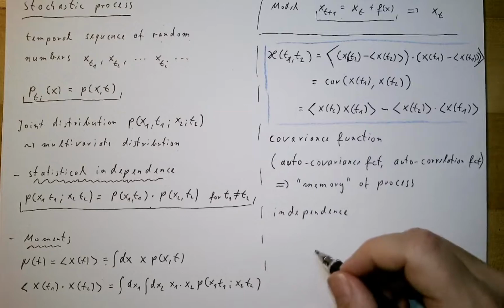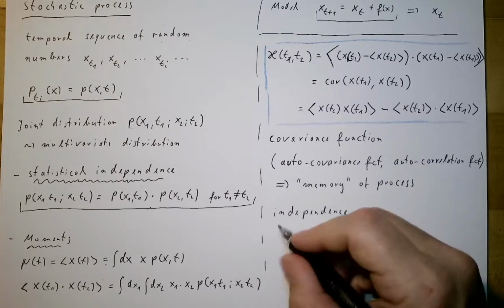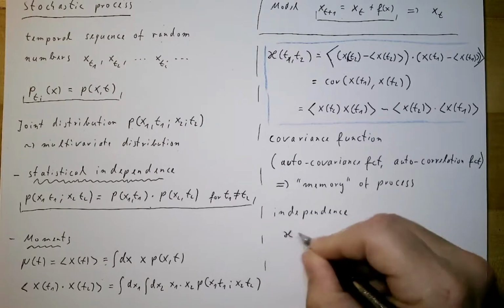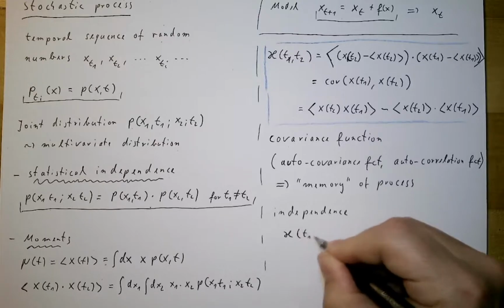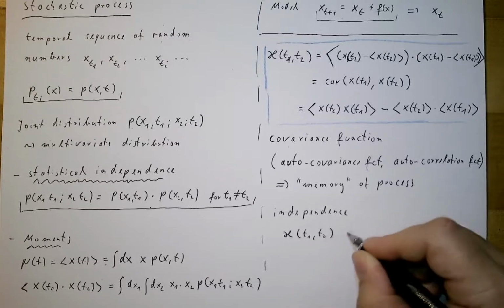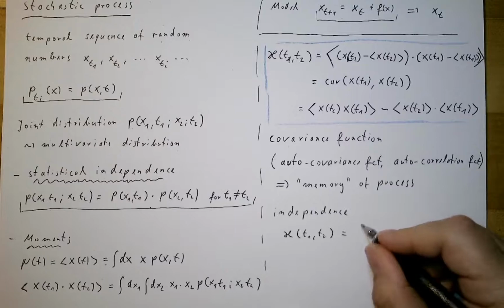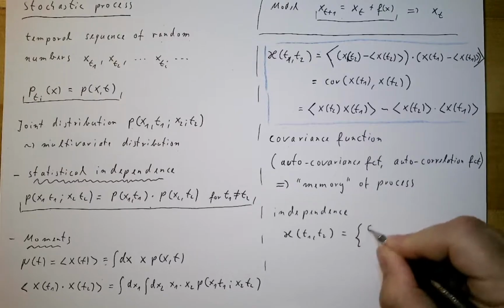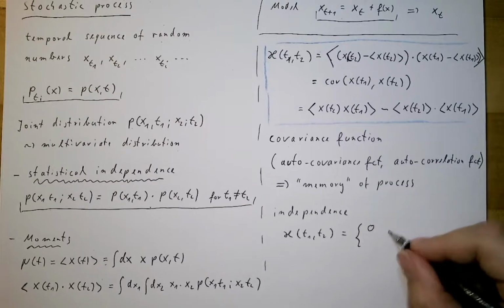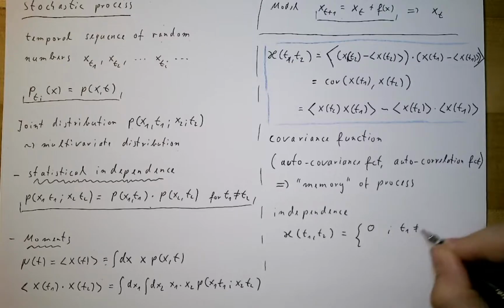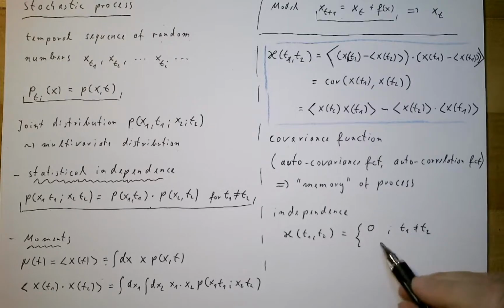So this means this kappa of t1 and t2 equals 0, but only if t1 is not equal to t2.